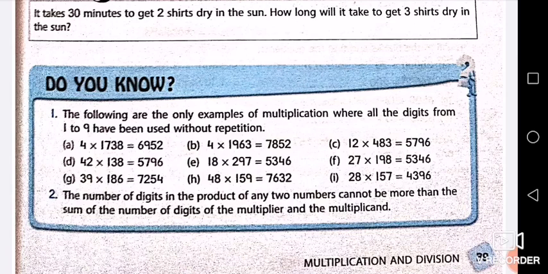What it is telling is that the number of digits in the product cannot be more than the sum of the digits given in the multiplier and the multiplicand.